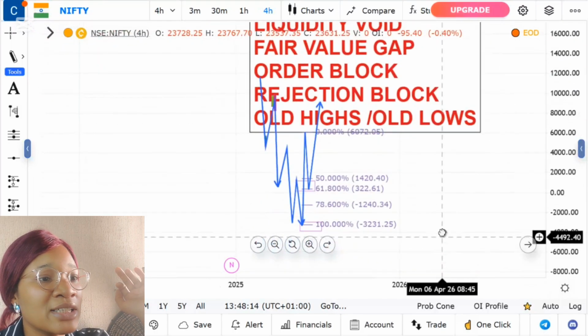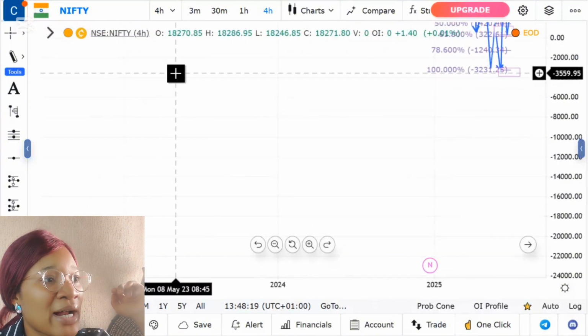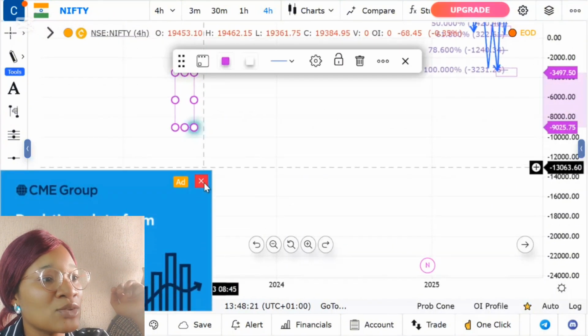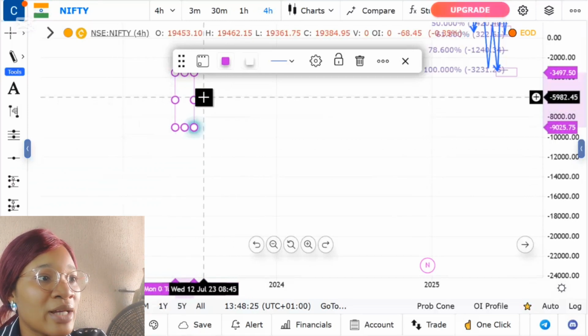A liquidity void is when price is aggressively delivered without giving the other part of the market any room to breathe.